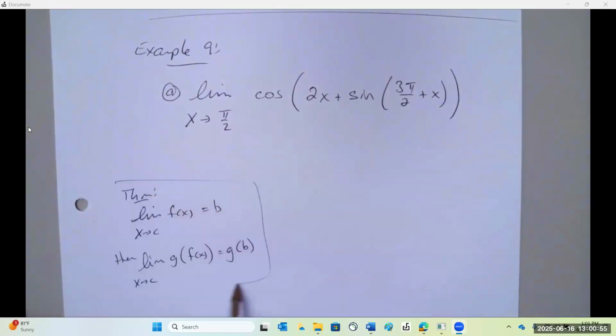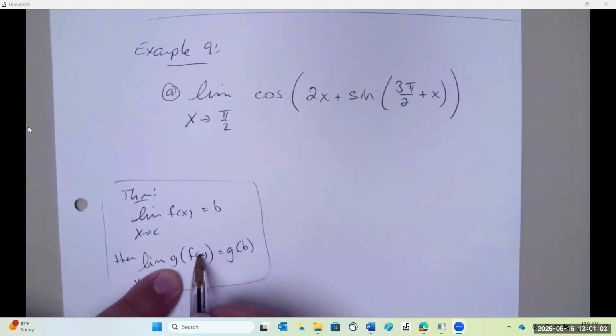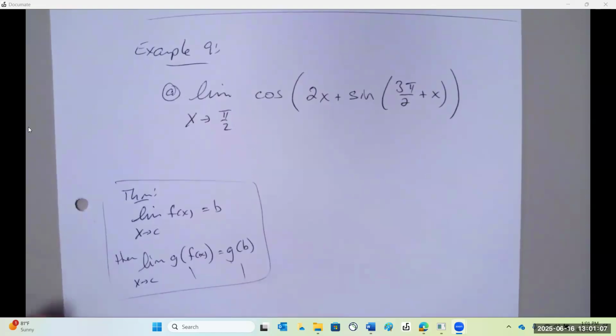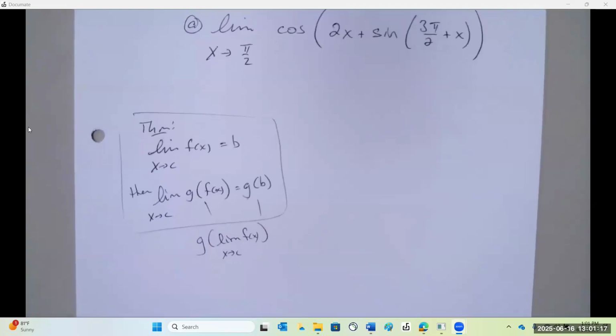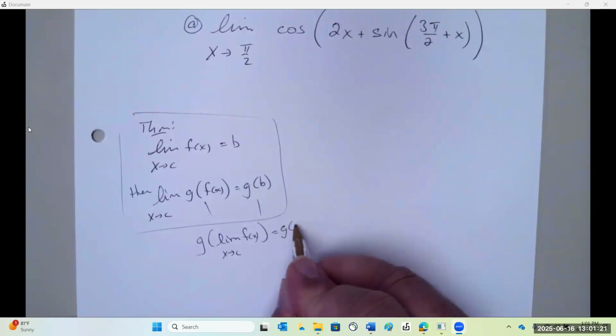This will relate to what we're doing here. Notice the g is the same. Let me show you what they did here. That's the way they got g of b.